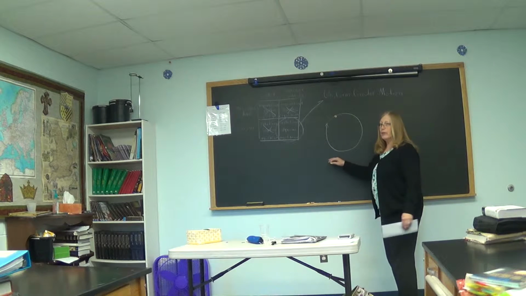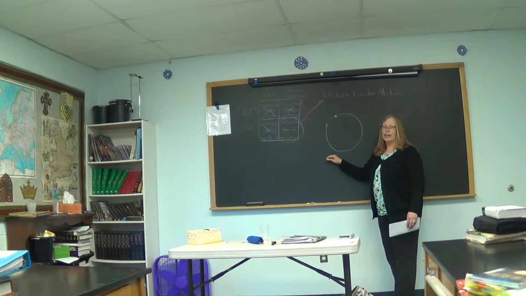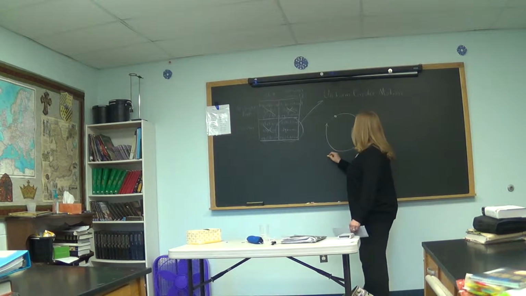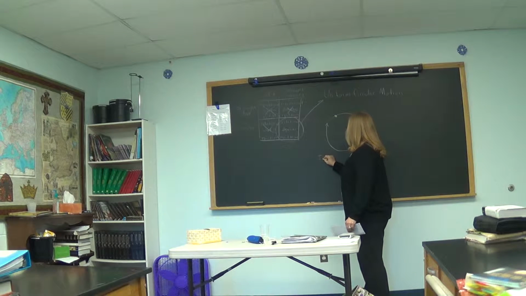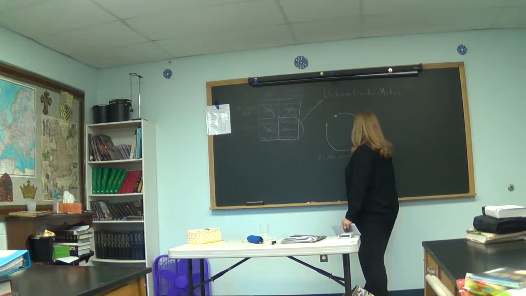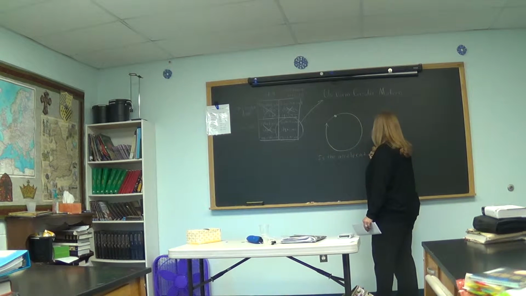Under or around that circle, I want you to write this question and think about the answer. I'm sure you've been wondering: is the acceleration of this object going around at a constant speed 0?